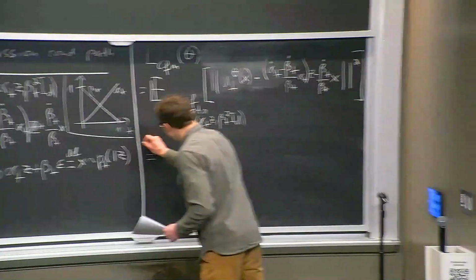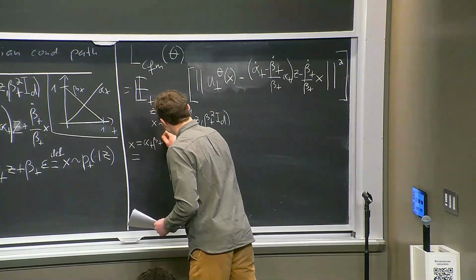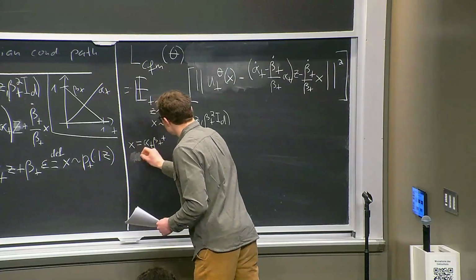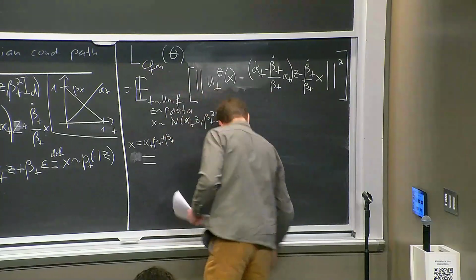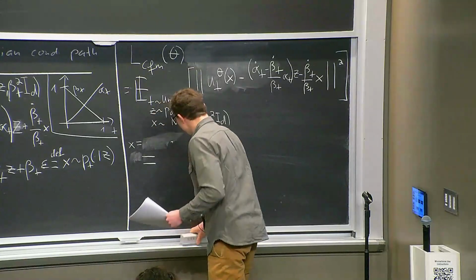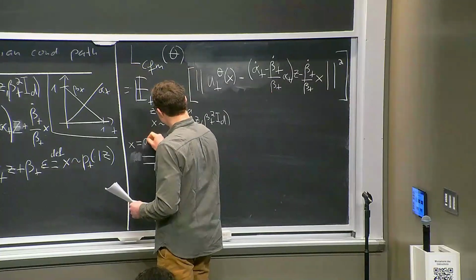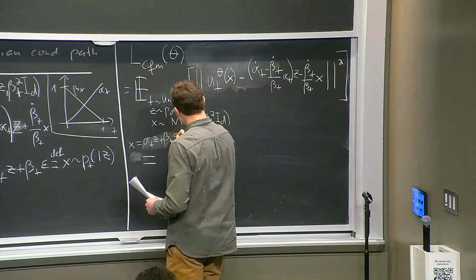So I'm replacing x by alpha t times z plus beta t times epsilon.